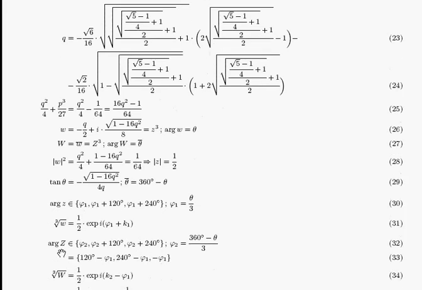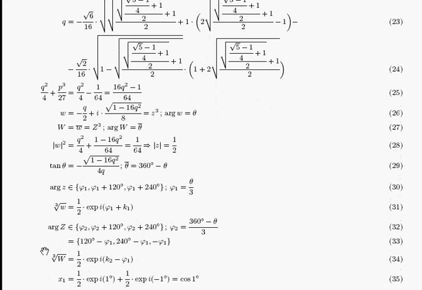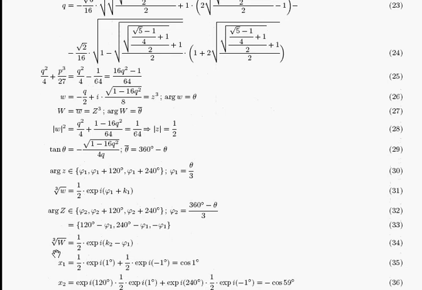The argument of big Z is phi2, the same thing, where phi2 is overline theta over 3. It is analogous to 120 minus phi1, constant minus phi1. The cubic root of big W is 1/2 the exponential of I, constant minus phi1.